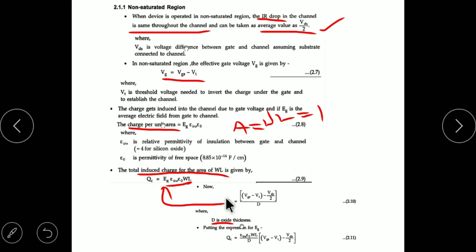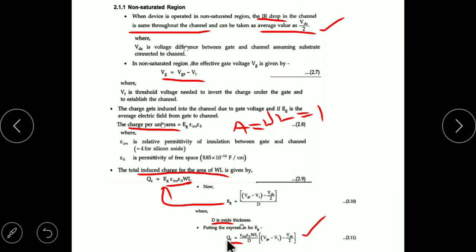So Qc is equal to epsilon insulator epsilon naught W into L, into Eg, that is whole divided by d, into Vgs minus Vt minus VDS by 2. So from this we have derived Qc.